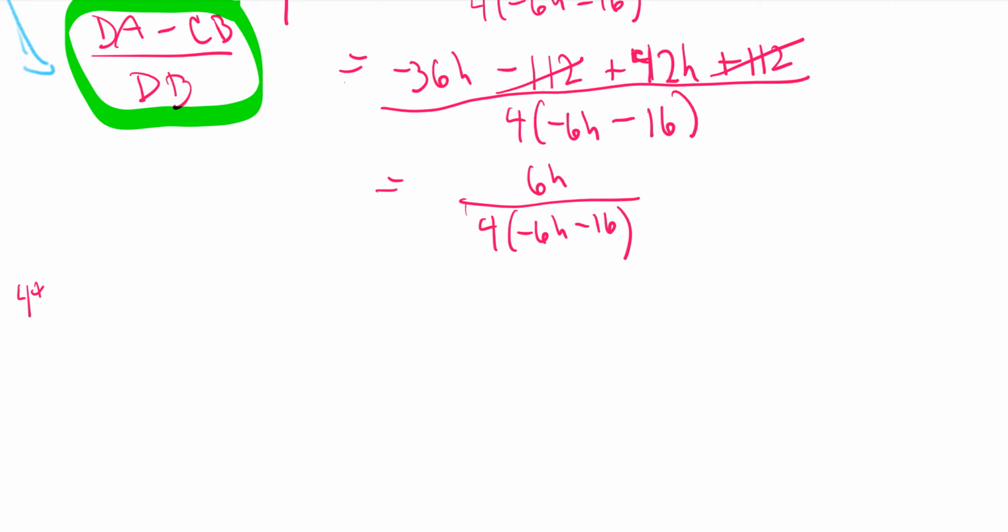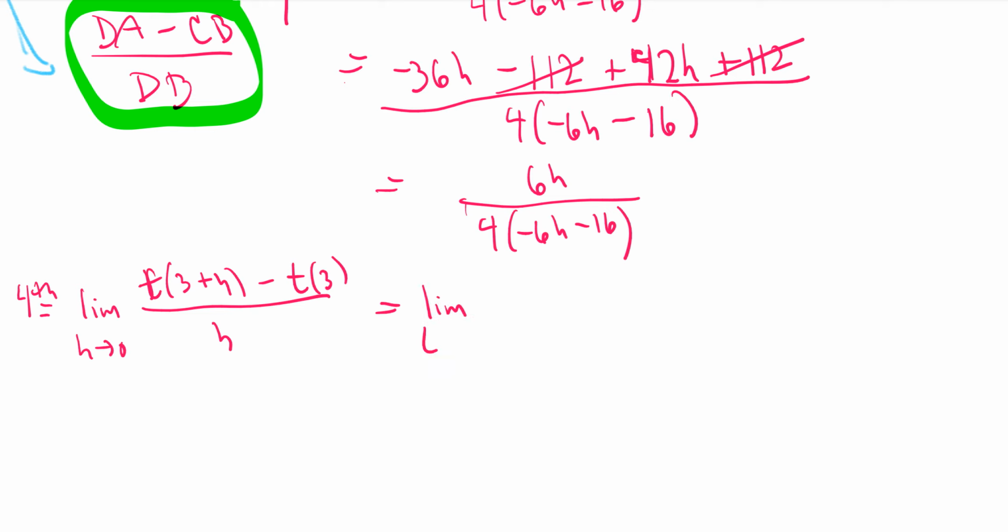The fourth step is to do the limit of t of 3 plus h minus t of 3 over h, the limit as h goes to 0. So that would be the limit as h goes to 0 of this numerator, t of 3 plus h minus t of 3.